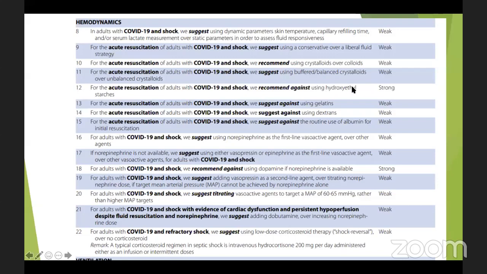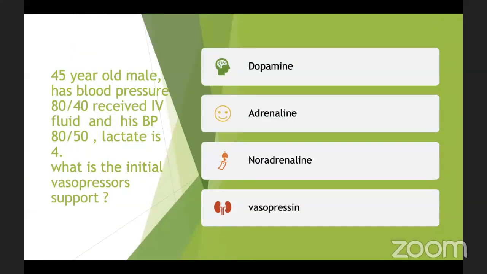But don't use starch or gelatin, because they increase acute kidney injury and can increase renal failure. If the patient is in shock and you suspect he needs steroids, you can select hydrocortisone 200 milligrams per day, either in infusion or in divided doses. So here is the scenario: a 45-year-old male with a blood pressure of 80 by 40.